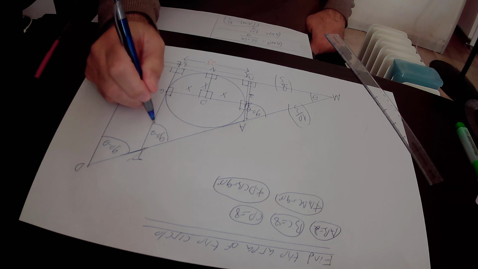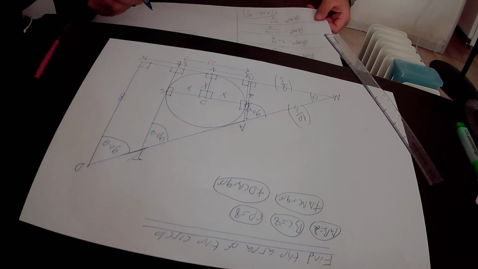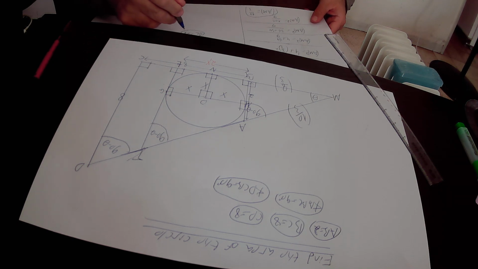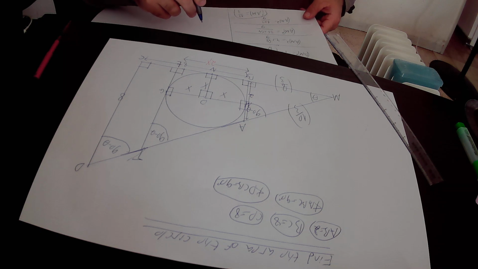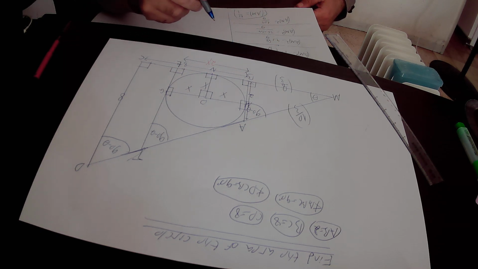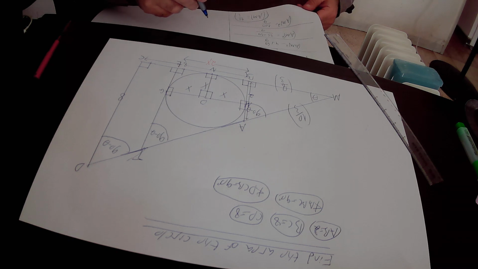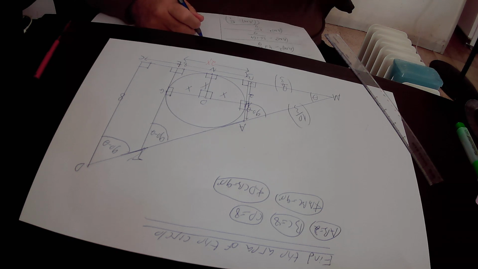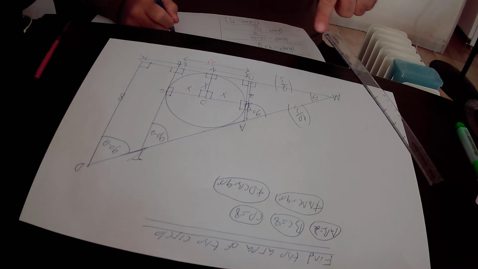Okay, so we'll prove that the big right triangle TML is similar to the small right triangle ABM.